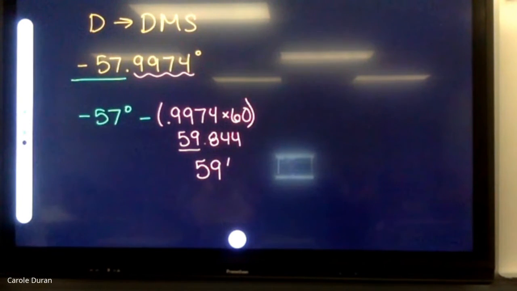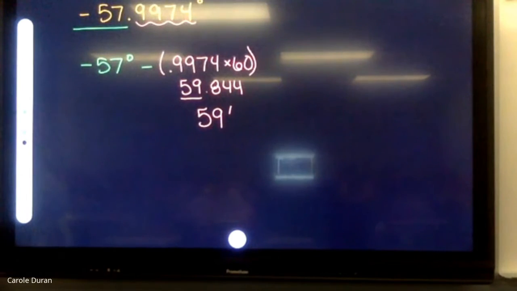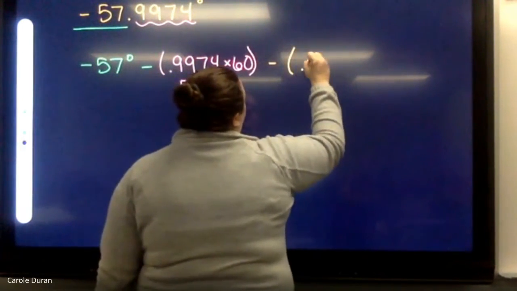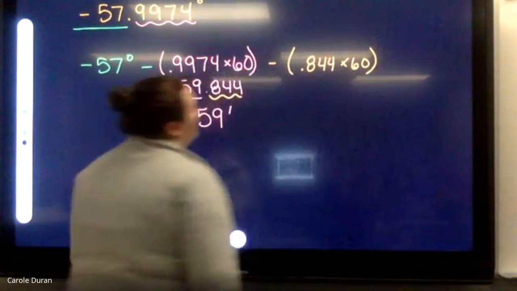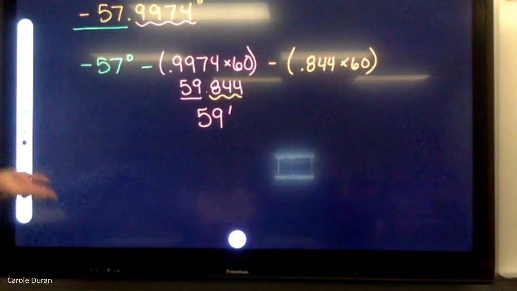How do I find my number of seconds? 0.844 times 60. Do I care about the entire number I get when I do the seconds multiplication? I only care about whatever happens before the decimal, so the whole number part of it.